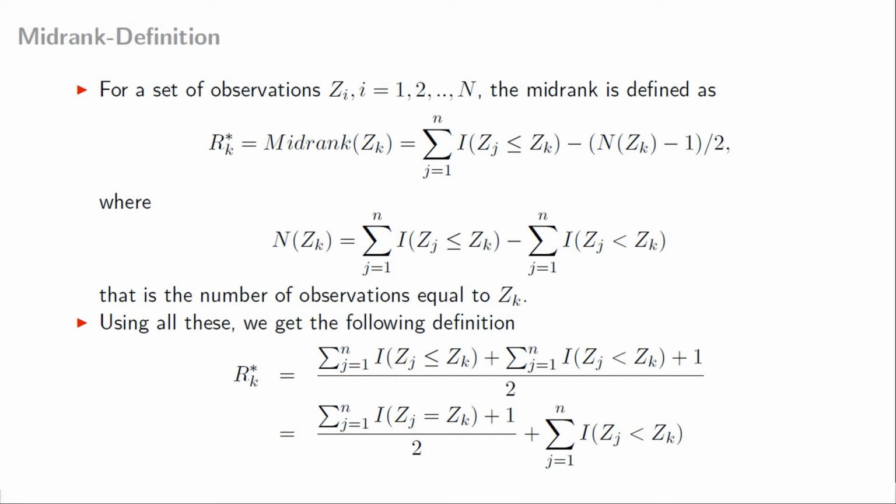Thus, if we incorporate all these into a single quantity, we get the definition of Rk star as the summation over j from 1 to n of the indicator of zj equal to zk plus 1, the whole thing divided by 2, plus the summation over j from 1 to n of the indicator zj less than zk.